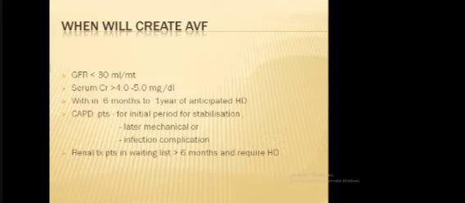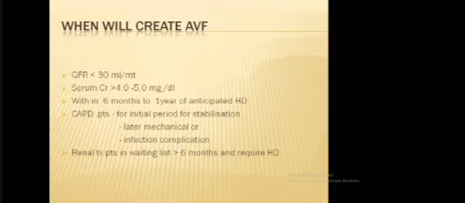Another group of patients are those CKD patients on CAPD, who for the initial period of stabilization, or later when some complication develops during the CAPD procedure, like mechanical or infectious complication, require hemodialysis through AVF.